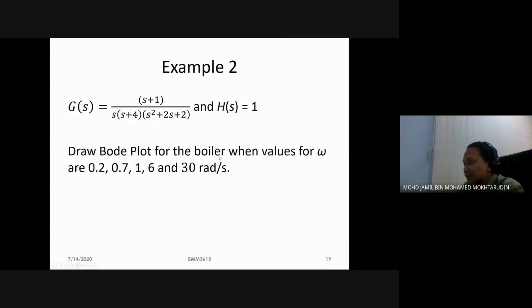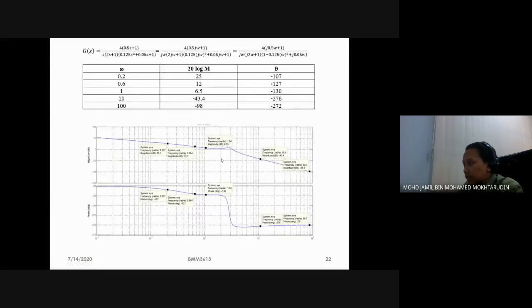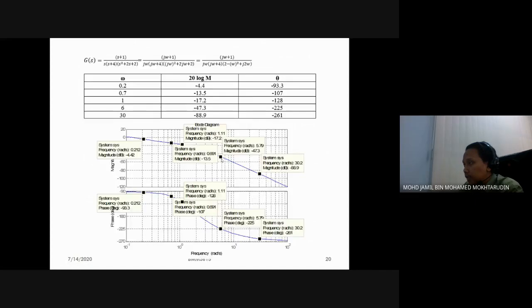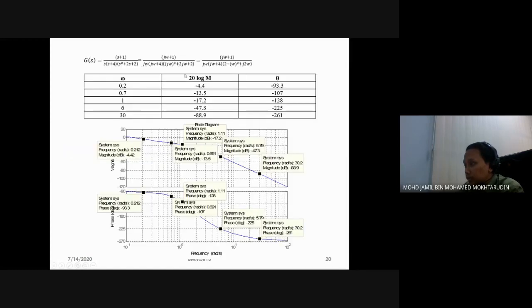Okay, so the example given in the slide is basically the same thing as the previous example, but more focused. Because the example gives you only certain frequency values, and you need to use the table method and plot on graph paper.